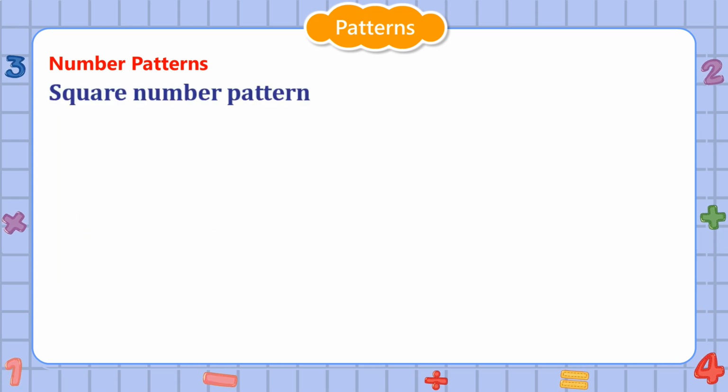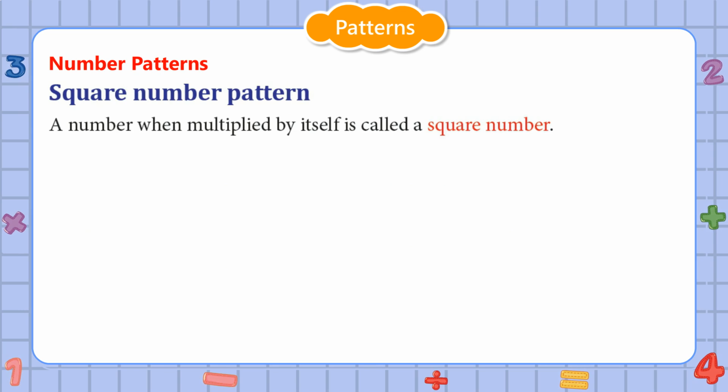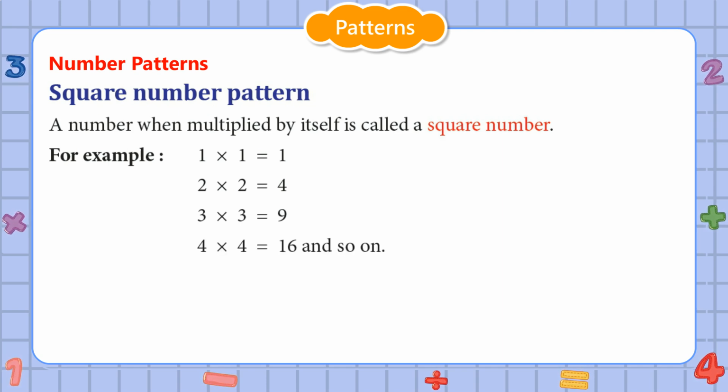Square number pattern. A number when multiplied by itself is called a square number. For example, 1 multiply 1 is equal to 1. 2 multiply 2 is equal to 4. 3 multiply 3 is equal to 9. 4 multiply 4 is equal to 16.